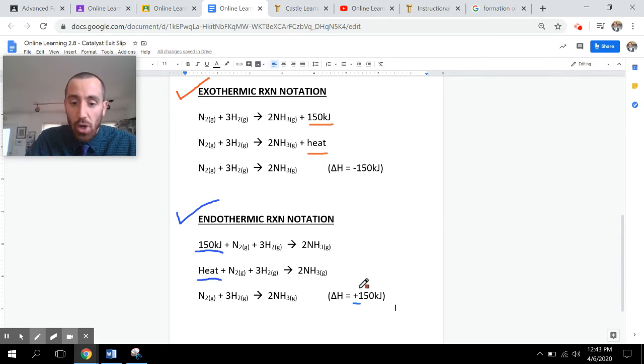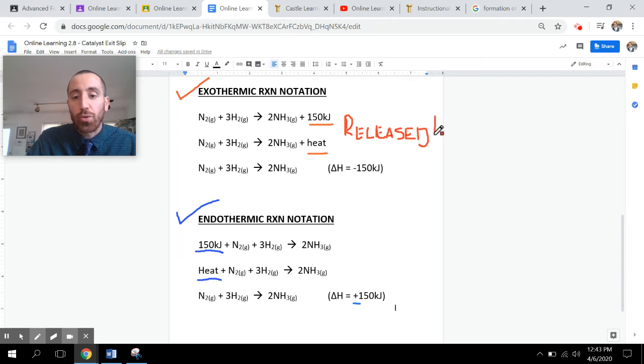But notice down here, when the delta H is positive, it's endothermic. Okay, the way we do it when we actually put the heat in the equation, when the heat is over here as a product, we say it's being released. When heat is a product, we say it's being released and it's exothermic and the delta H will be negative.